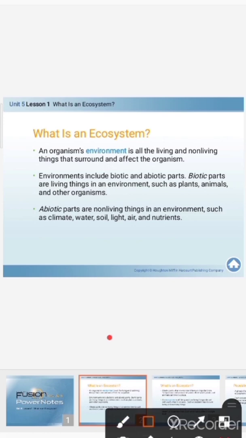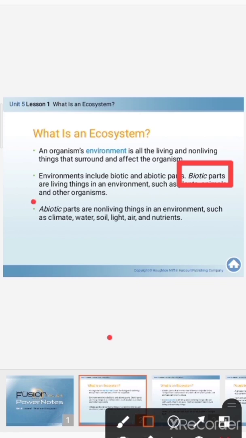So the living parts in any environment are called biotic parts. Biotic parts means the living things in any environment. For example, the biotic parts in the ocean are like fish, squid, octopus, jellyfish. All of these are examples of biotic parts in the ocean ecosystem.